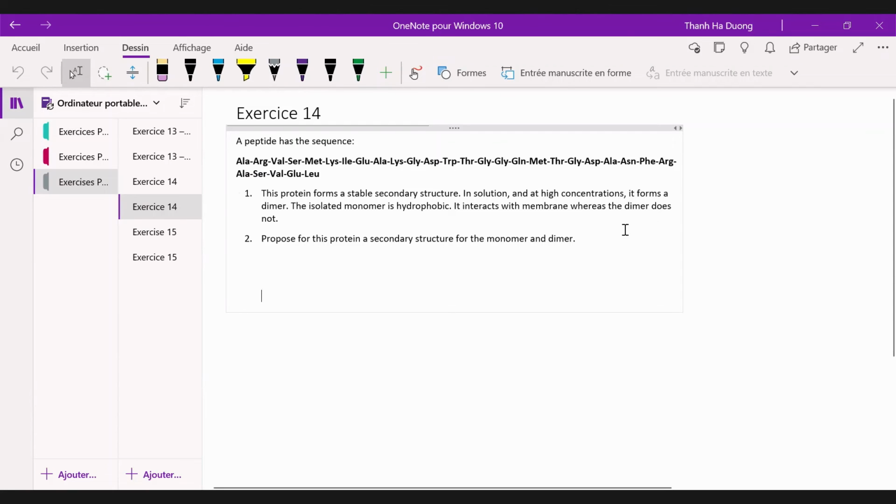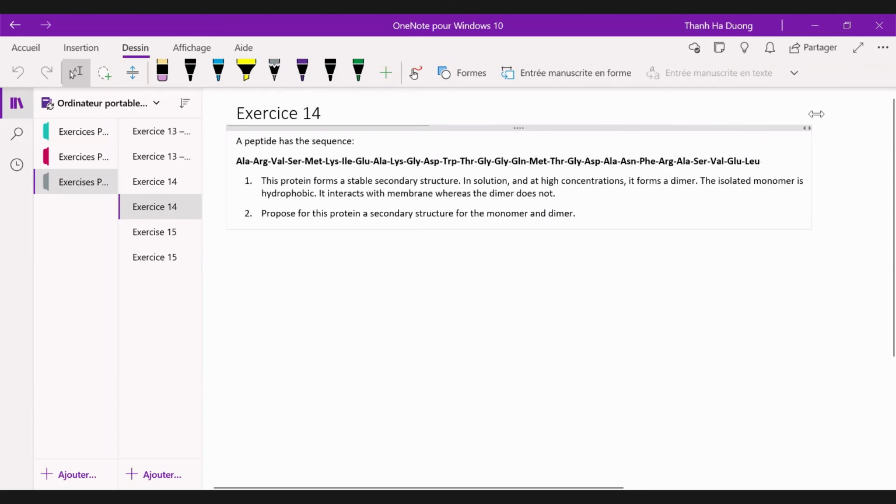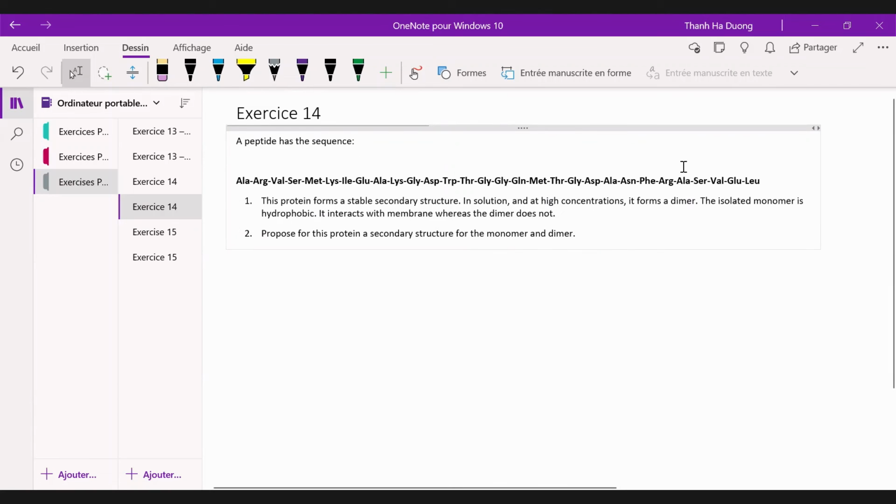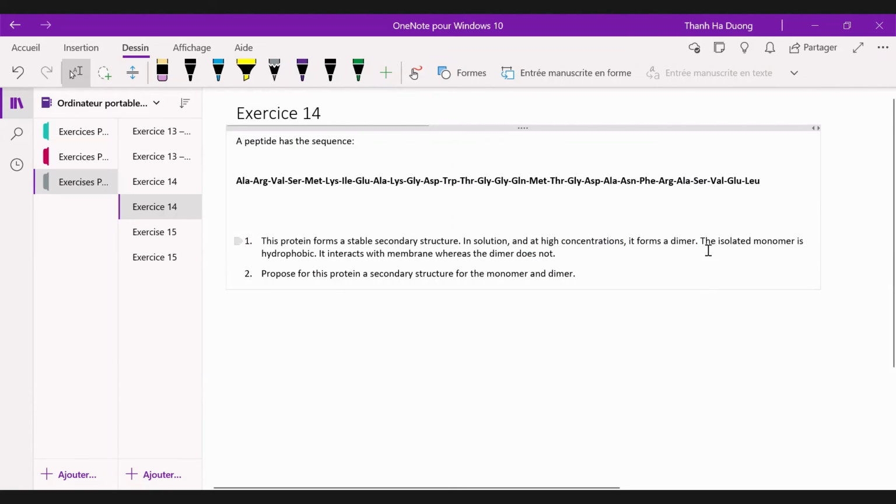And they tell us that this protein can form a dimer at high concentration. The isolated monomer can interact with membrane, so it means that it possesses a hydrophobic part, but the dimer cannot interact with the membrane.